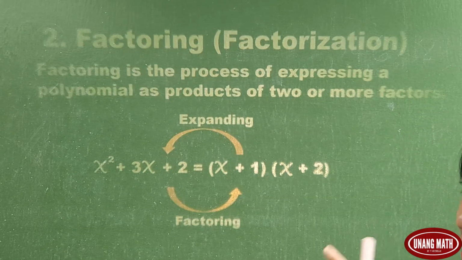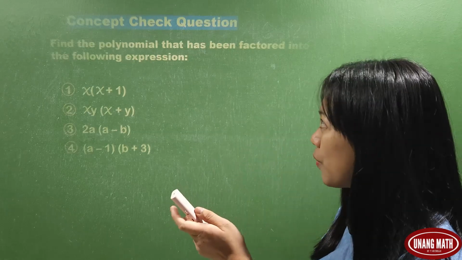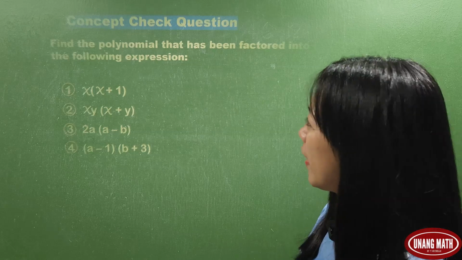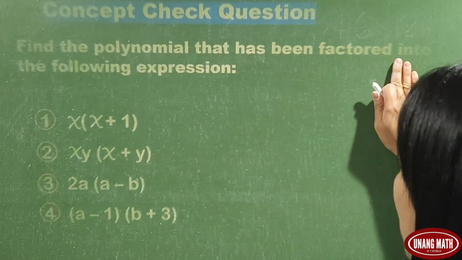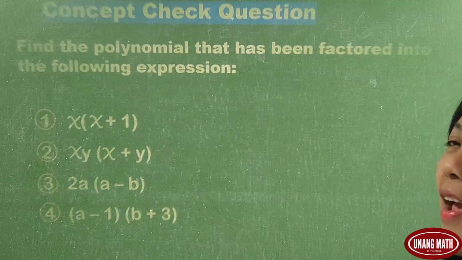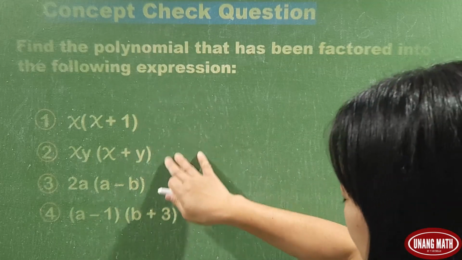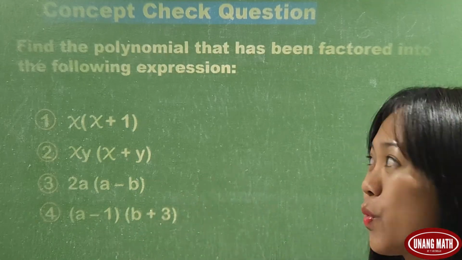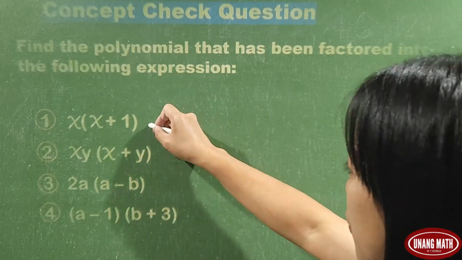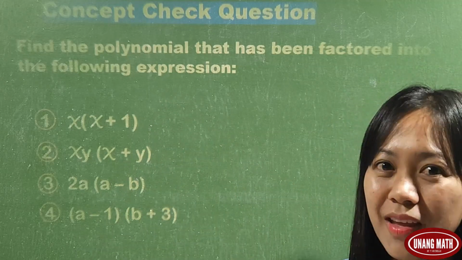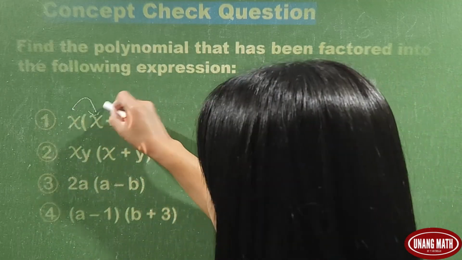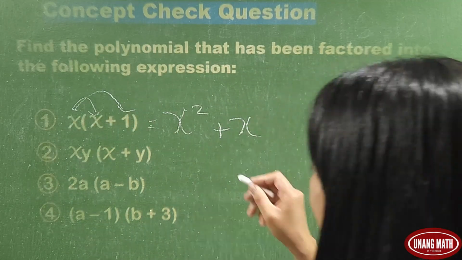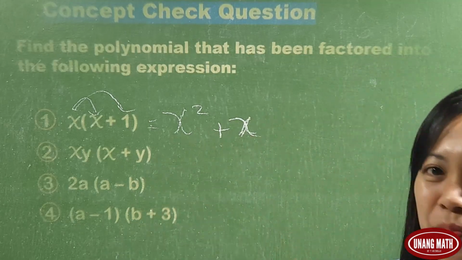Okay, we will be using this concept to answer this concept check question. Find the polynomial that has been factored into the following expression. So it means the given here are factors of an expression, and we will find that expression. We can do that using the distributive property. So this is x squared plus x. So this is our expression.